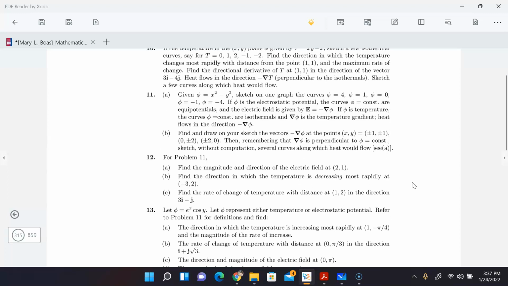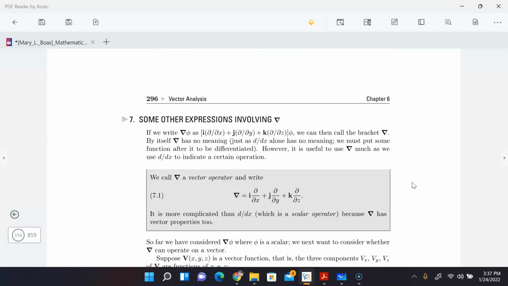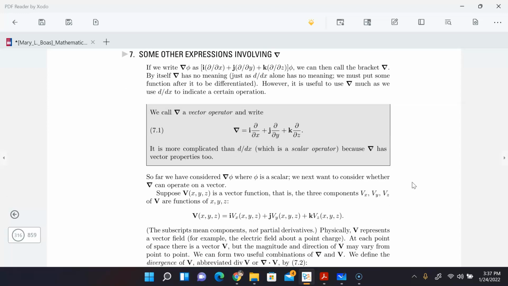Okay, let us try to see what's next. I think probably this will be the last thing that I want to say today. Your gradient is what we call an operator, just like your derivatives. What does it do? It operates on a function to give another function.